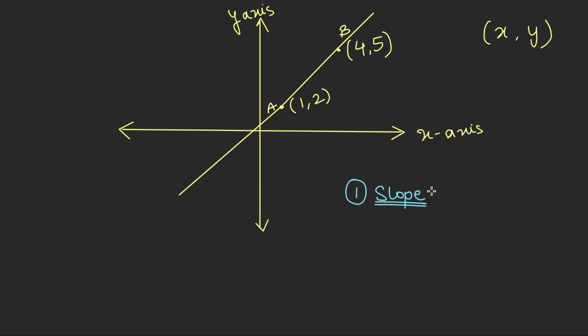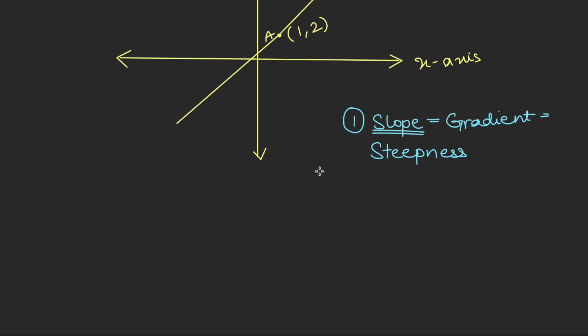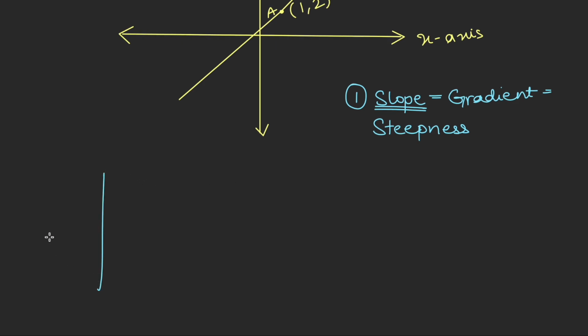The slope of the line is basically the gradient or the degree of steepness of the line. What does this mean? Now say I have 2 lines. So this is my graph and I have 2 lines, 1 and 2. If you look at the 2 of them, visually, which one is steeper?